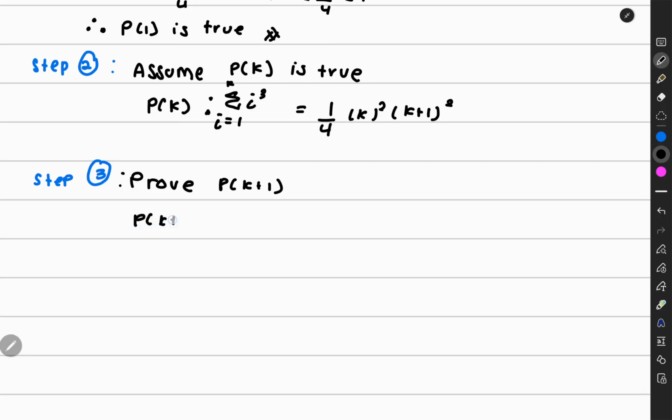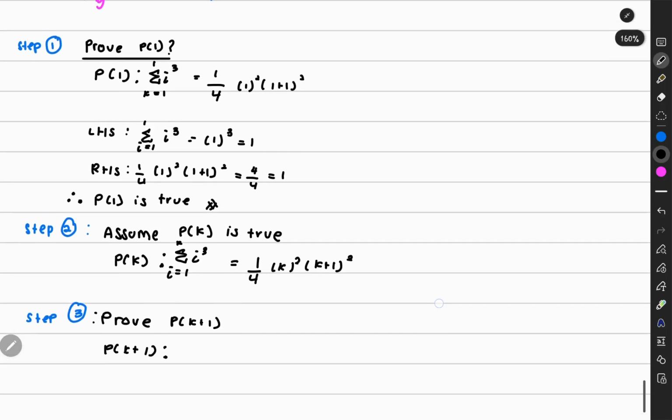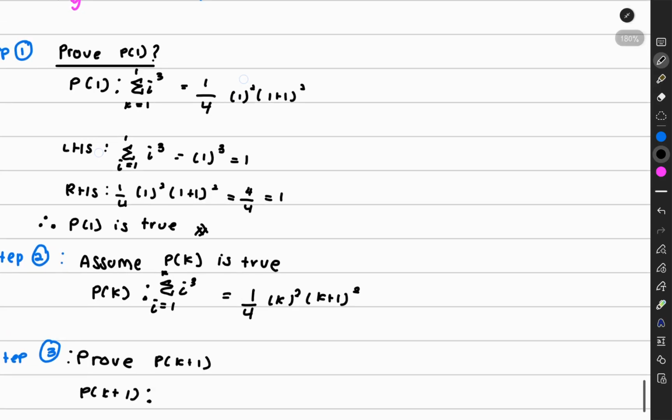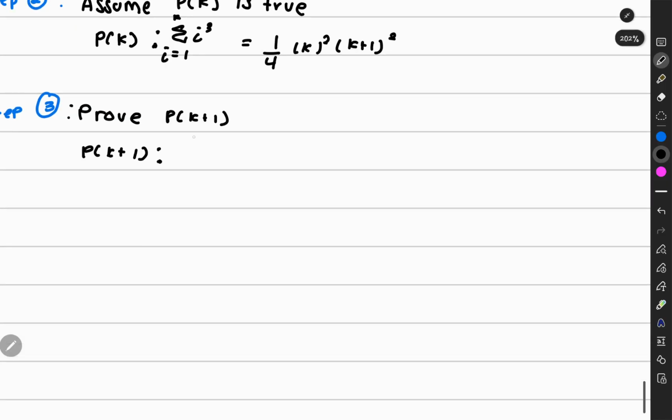Now we have the summation up until the k plus 1 term, so i to the 3, i equal to 1 up until the k plus 1 term. That is on the left hand side. What happens to the right hand side? Simply replace your k here with k plus 1.